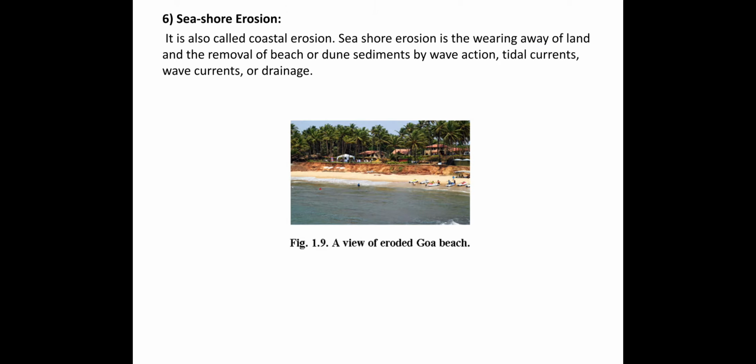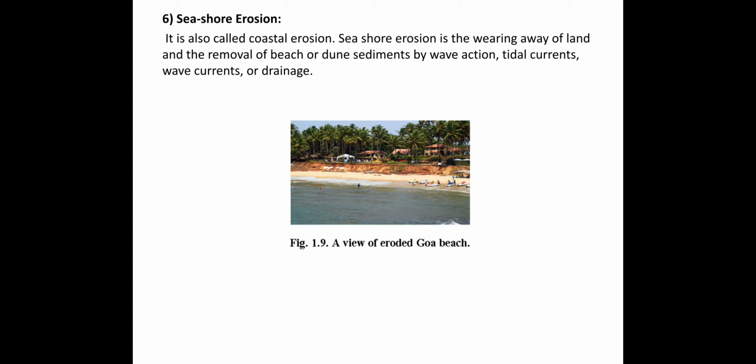Then the next type of water erosion is the sea shore erosion, also called coastal erosion.